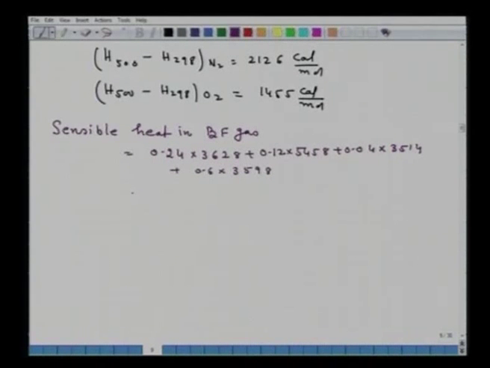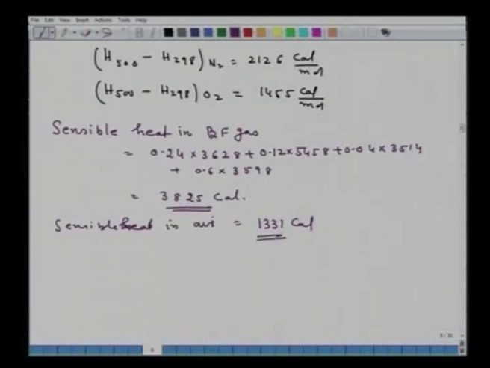So, that will be equal to 3825 calorie. Similarly, sensible heat in air, that I can again find out, you can multiply and get it, 31331 calorie. This is the sensible heat in air, and that will be supplied along with the reactants.